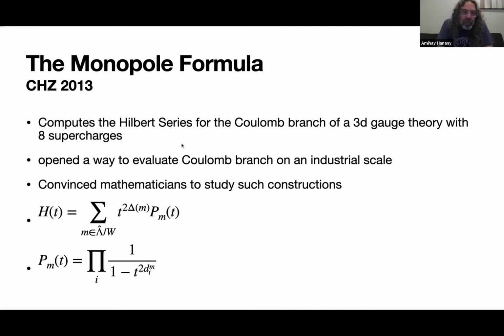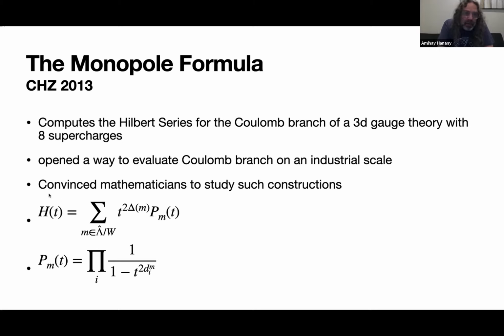But in any case, once we had this monopole formula, it opened the way to evaluate the Coulomb branch on a very large set of moduli spaces and allowed us to understand moduli spaces in ways we couldn't do before. So this was really a big breakthrough in understanding.